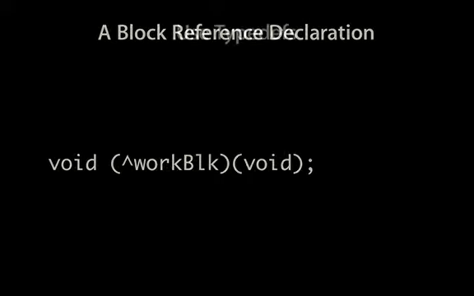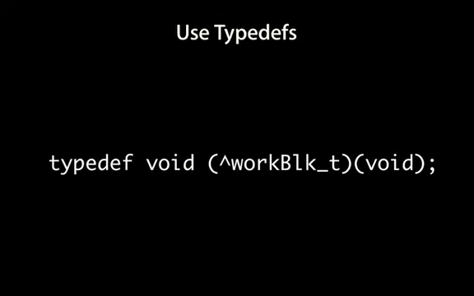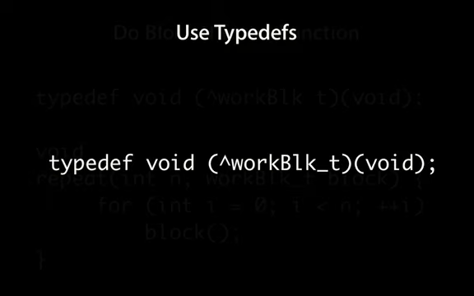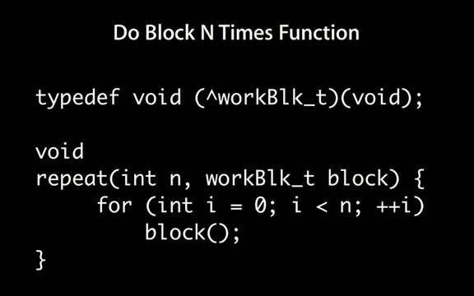And so we highly recommend that you use a typedef to hide the clutter. If you use the typedef, the implementation of the repeat function becomes fairly simple. It's passed in a block, and then it simply calls it like it's a function pointer, like a function. So you can pass parameters, get the results back. It's very natural to use as well as to create.